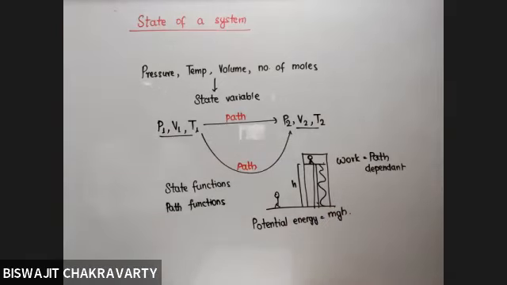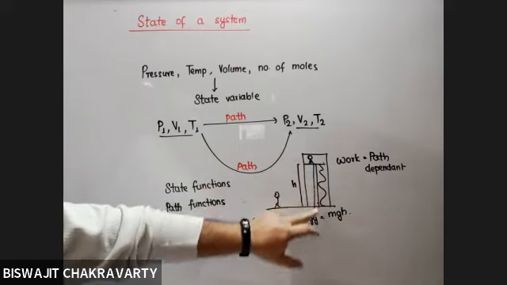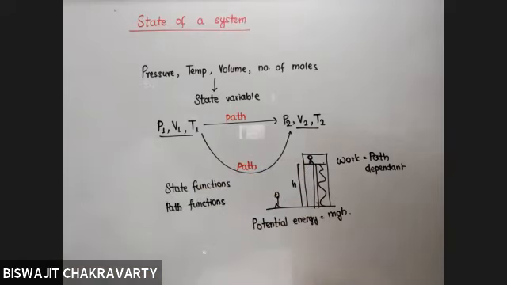Yes, sir. Okay. Now, if I ask you what will be the potential energy of the person, will it be the same or different when he takes the staircase or the lift? The answer is, obviously, the height is independent of how he has reached there, isn't it?